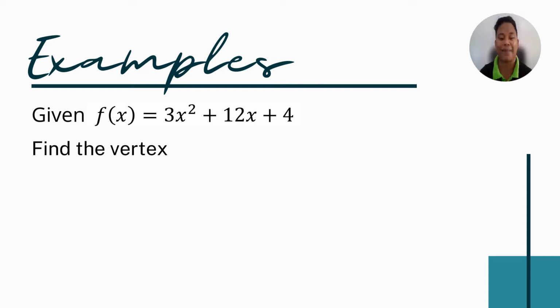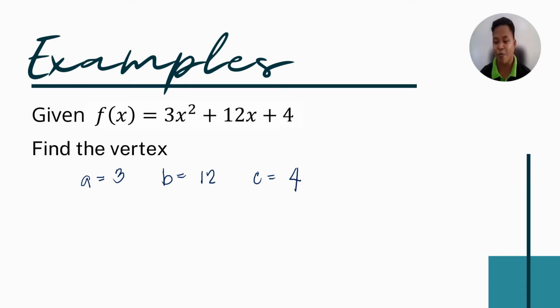Let us take this example. We have the given quadratic function, f of x is equal to 3x squared plus 12x plus 4. We're going to find the vertex. But before that, let us first identify the values of a, b, and c. a is equal to 3, b is equal to 12, and c is equal to 4.